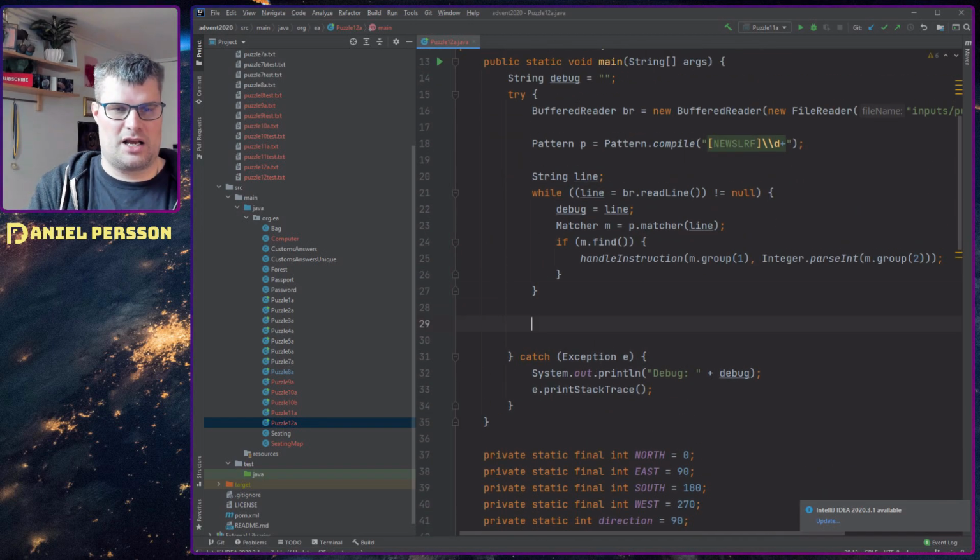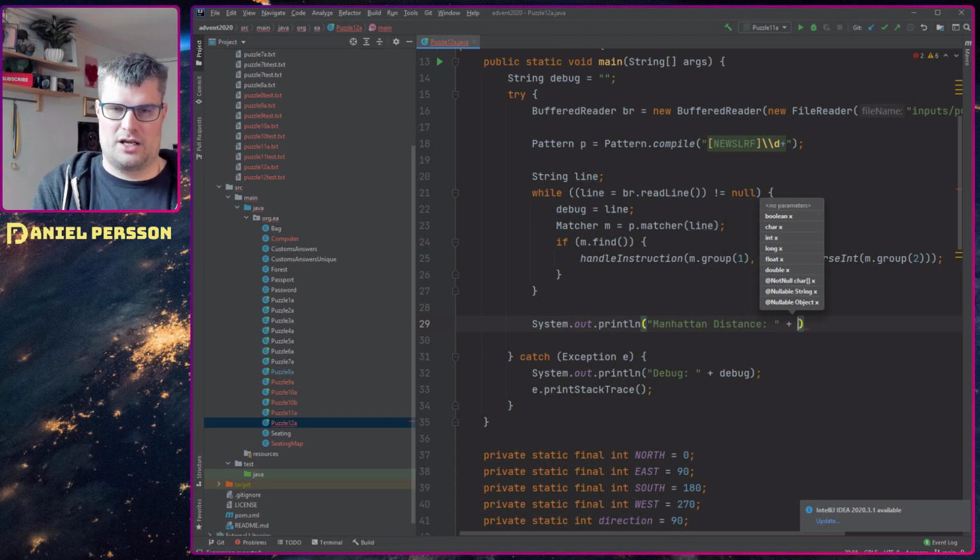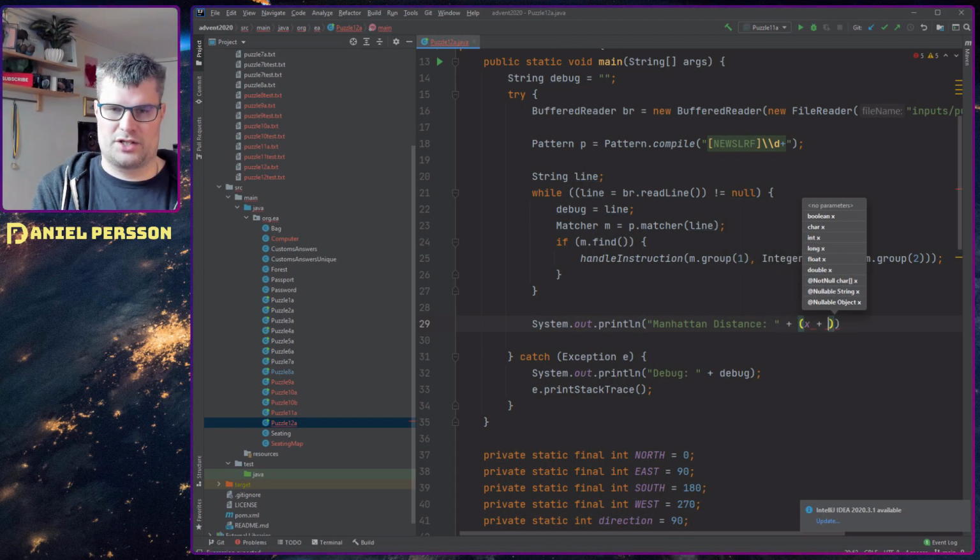And then here we will take System.out.println to print the Manhattan distance, and that's equal to x plus y.